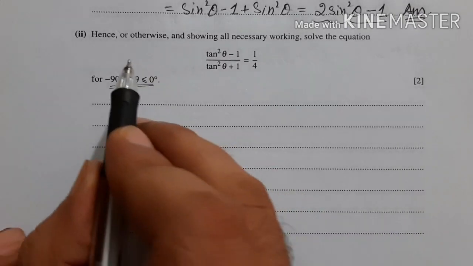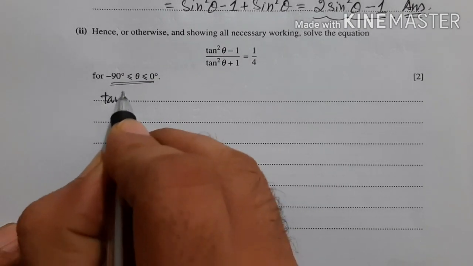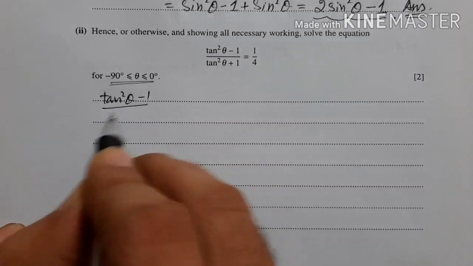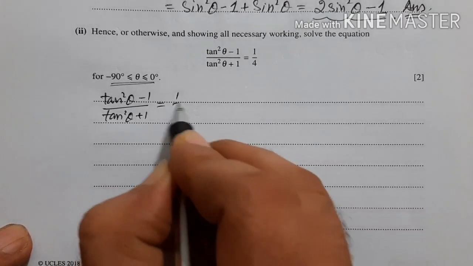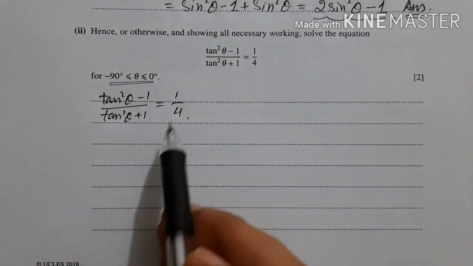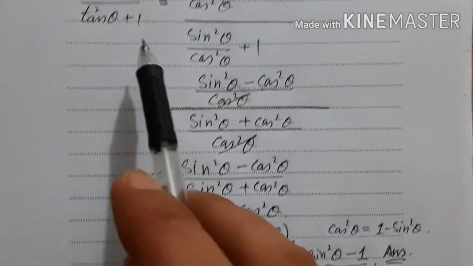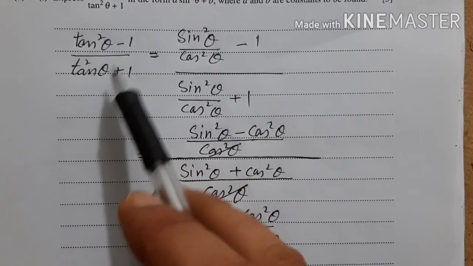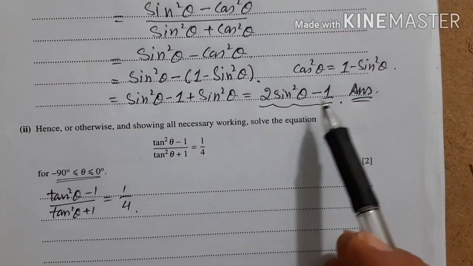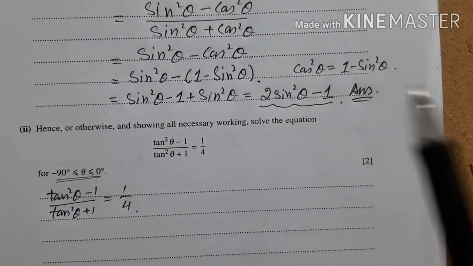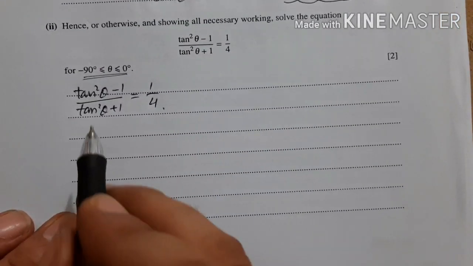Okay, so we got tan square theta minus 1 over tan square theta plus 1 is equal to 1 over 4. So it means in the previous part we have solved that this tan square theta minus 1 over tan square theta plus 1 is equal to 2 sine square theta minus 1. So we'll use this result here. Instead of this, we'll write this one.